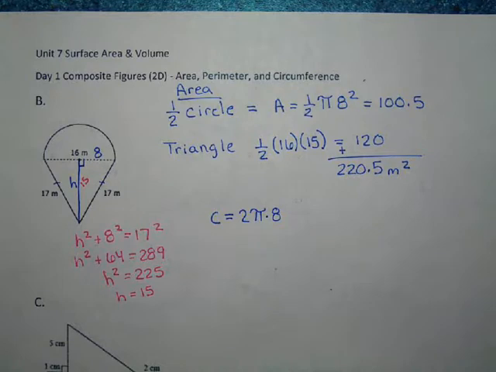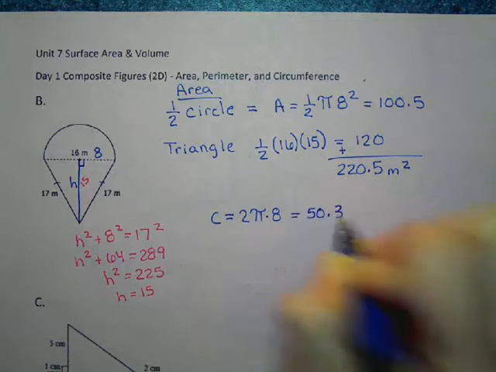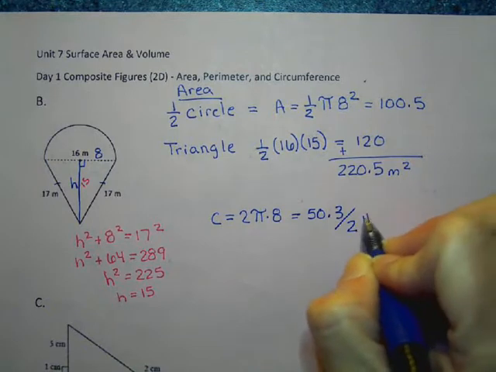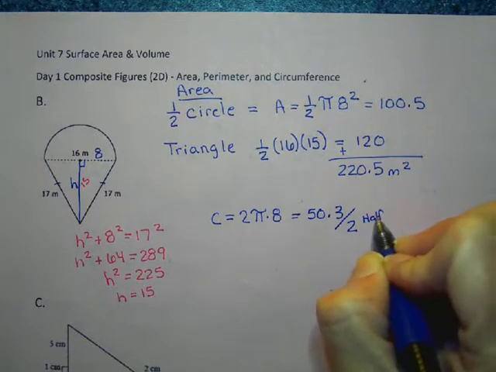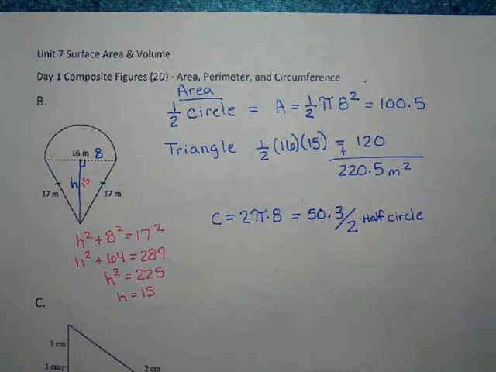It's about 50.3, and I'm going to divide this by 2 because we want half of the circle. So we'll say that equals about 25.1.